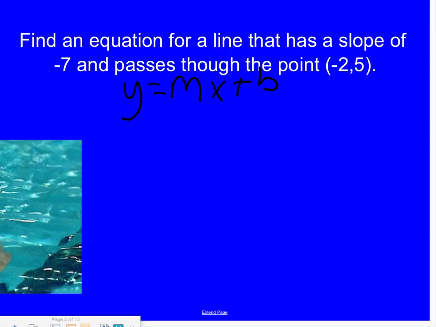So when we substitute, we get 5 = -7 times -2 + b. So that's 5 = -14 + b. Oops, +14.